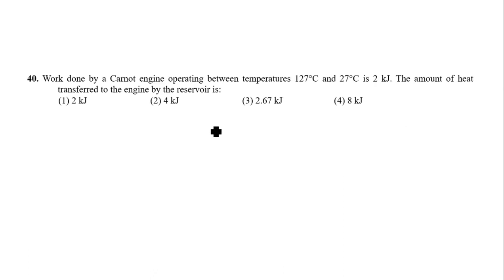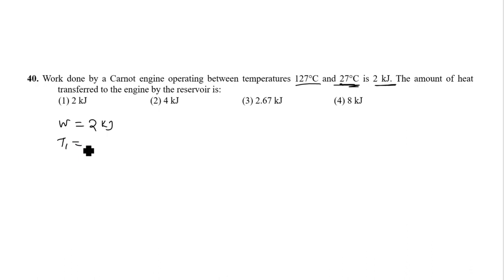The question asks: the work done by a Carnot engine operating between 127 degree Celsius and 27 degree Celsius is 2 kilojoule. So work done W is 2 kilojoule, and T1 is the source temperature in the Carnot heat engine.